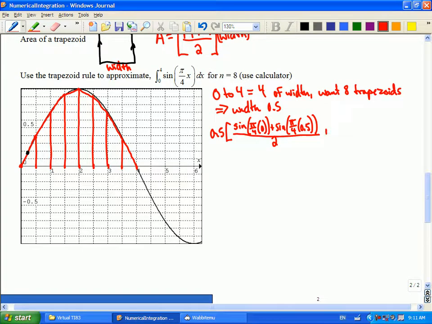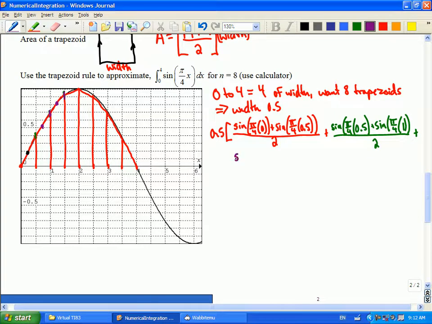So the next point, I'll draw it in purple, is going to be from here to here. This time I'm using sine of pi over 4 times a half, and it goes to 1. I'll keep going through here. The next one is going to be from there to there, so that I can figure out what that middle piece is.